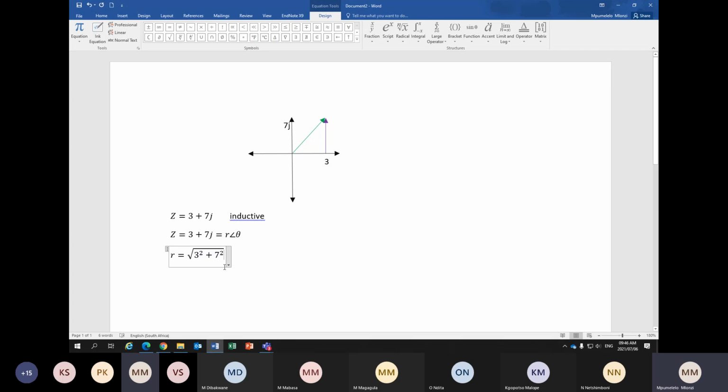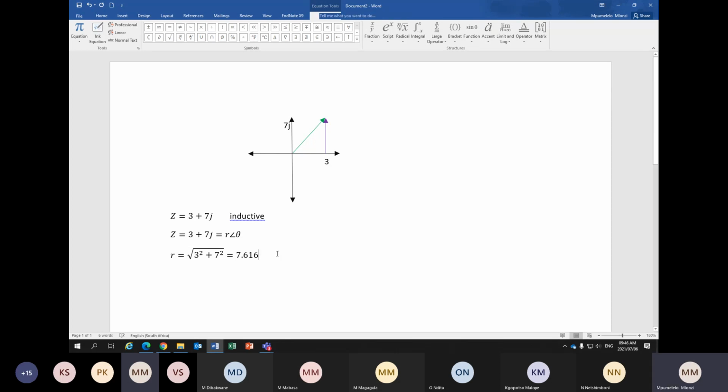And in terms of the magnitude, what will it give us? 7.616 ohms. All right, this is in ohms.